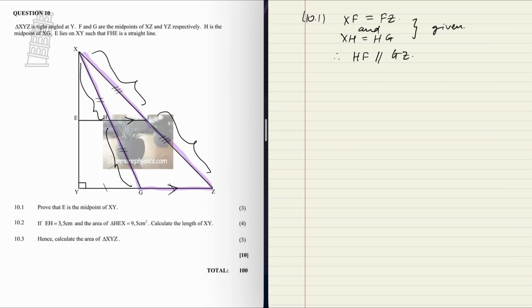Now, because HF is parallel to GZ, it means that EF must be parallel to YZ. And that's because these are straight lines, right? Okay, so we've got that this is also parallel to that.